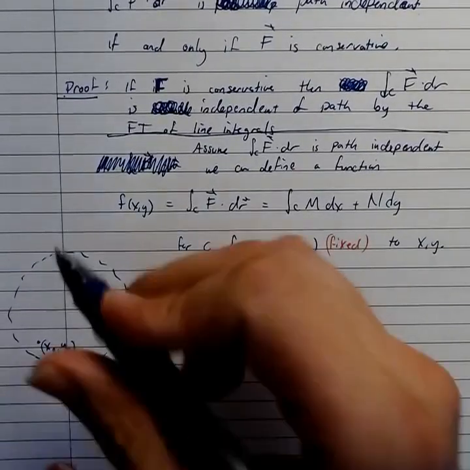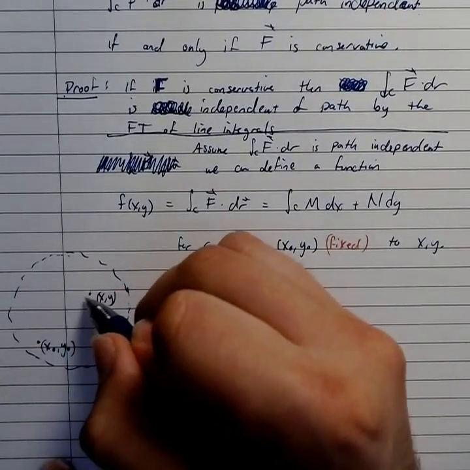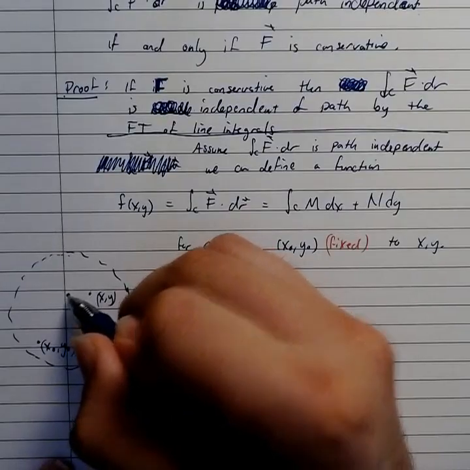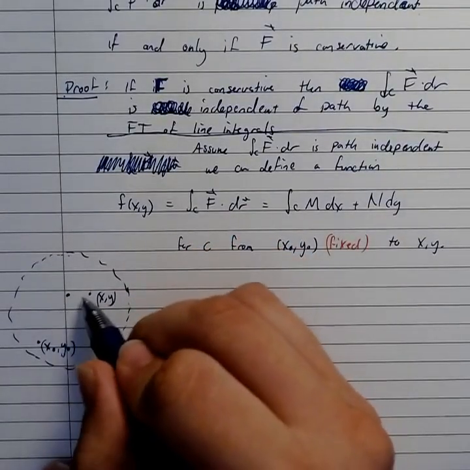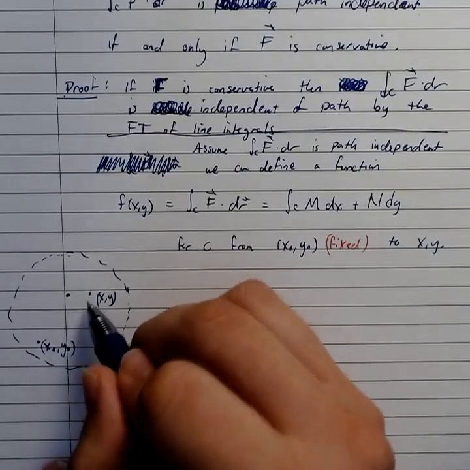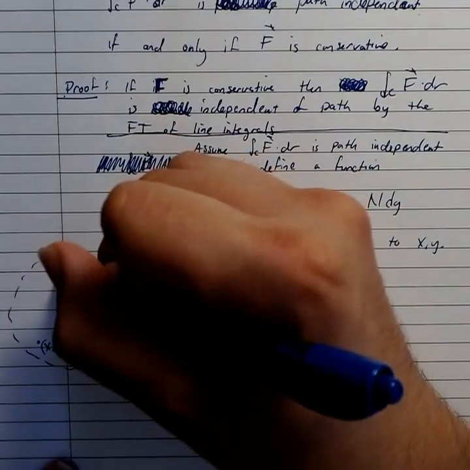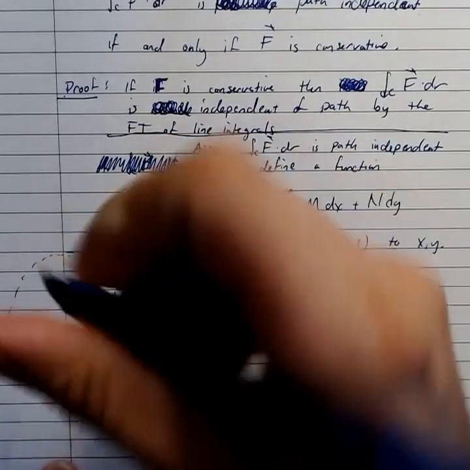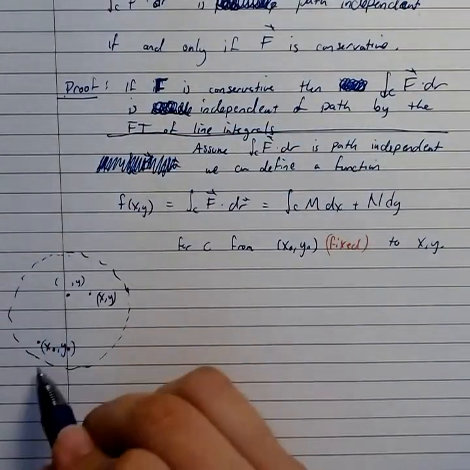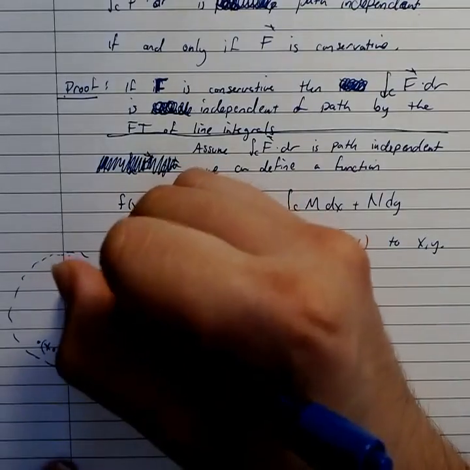Now let me be creative about what path I'm going to choose. I'm going to pick a point that is directly horizontal from this point here. I'm going to pick a point where my y value is exactly the same here and here, so I'll label that as something, y, but my x value will be different. I've already used x sub 0, so I'll call that one x sub 1.